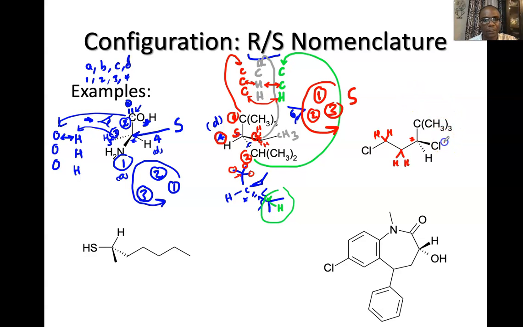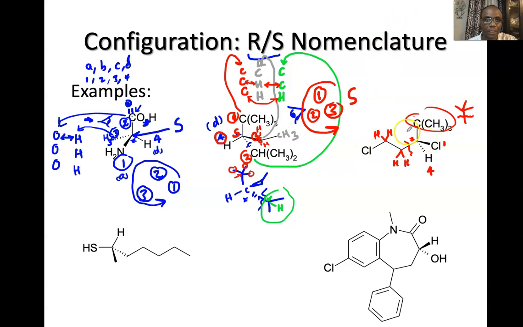chlorine will win. It has atomic number of 17, and then hydrogen will be the lowest. So the question is between this carbon, okay, remember that carbon, if we branch it, is a butyl group. Between that carbon and this chain, who gets priority?